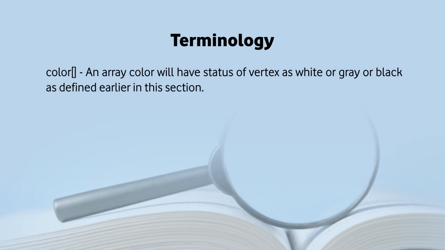I'll show you what it means: you will place everything in an array. Color is an array that will have the status. Every color, like the 3 colors we have already seen in the terminology, white, gray and black, will tell you about the status of a particular vertex.